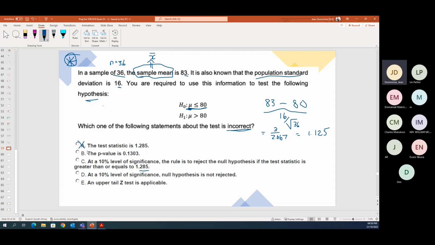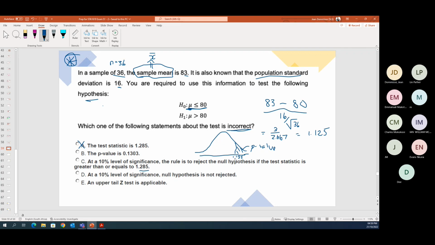So let's quickly check then. Let's say 1.125 is there, and that will be the p-value that we're looking for.